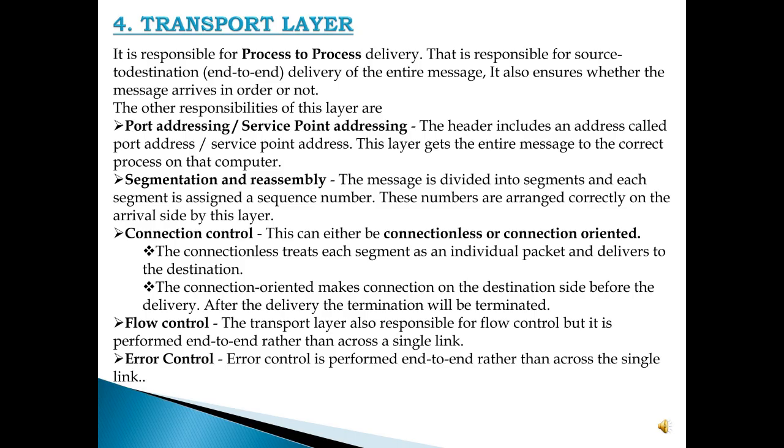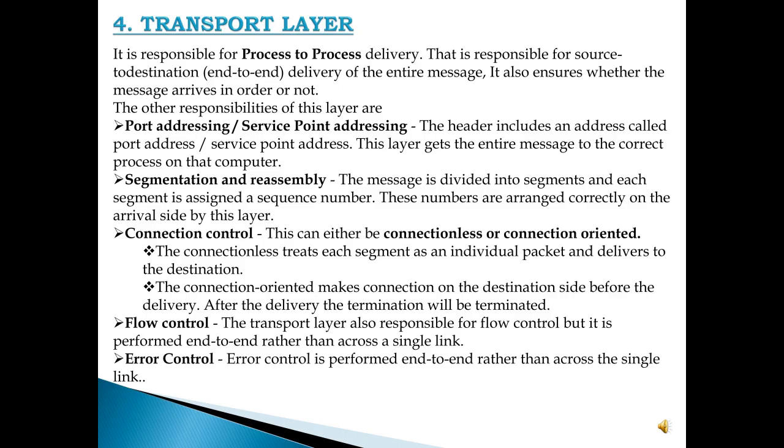The other responsibilities of this layer are, first, port addressing or service point addressing. The header includes an address called port address or service point address. This layer gets the entire message to the correct process on that computer.